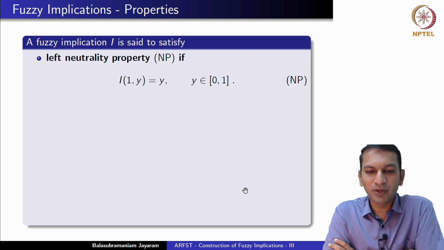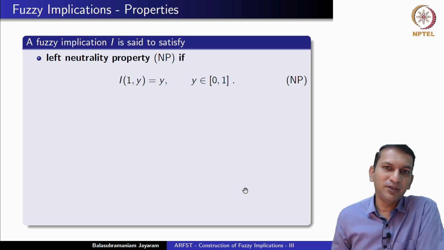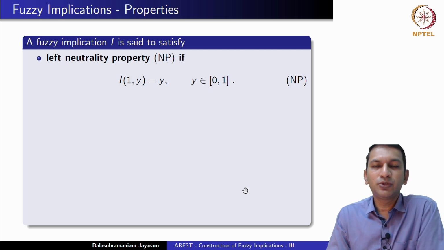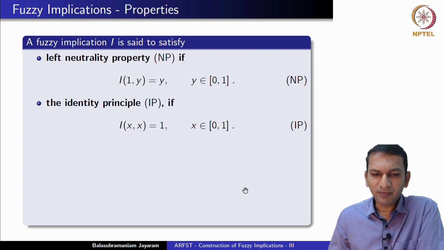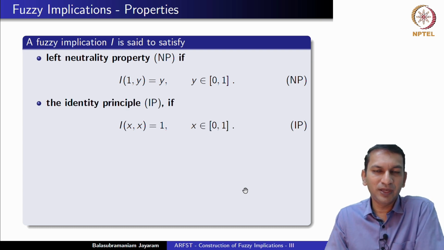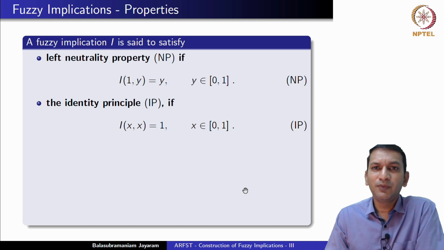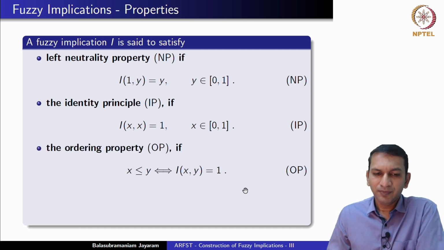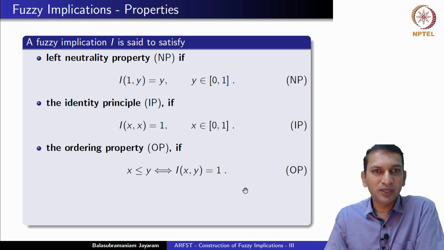That means I of 1 comma y should be equal to y. Geometrically, we know that it is restricting the right boundary to that of the identity function. The identity principle talks about what happens to the graph of the fuzzy implication when you walk along the diagonal. The ordering property talks about when it can be 1.